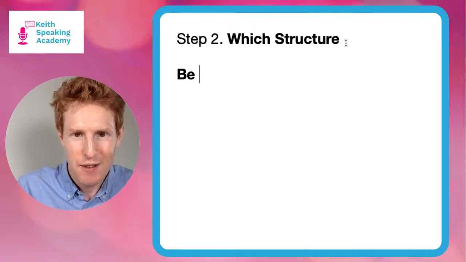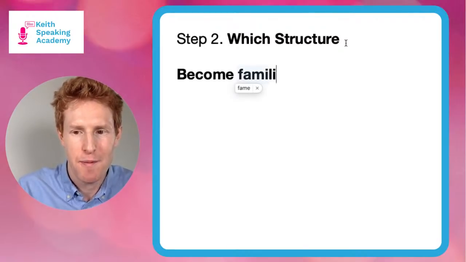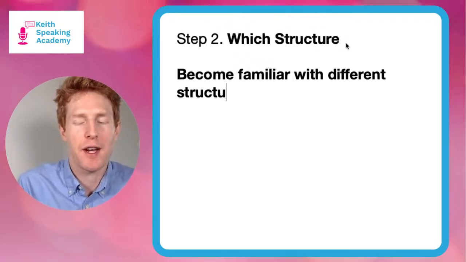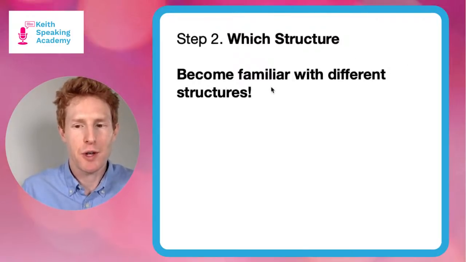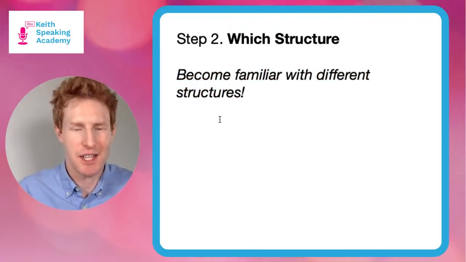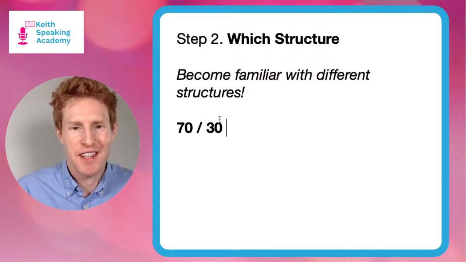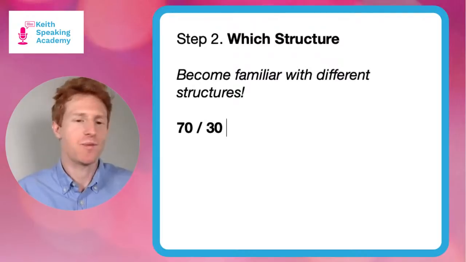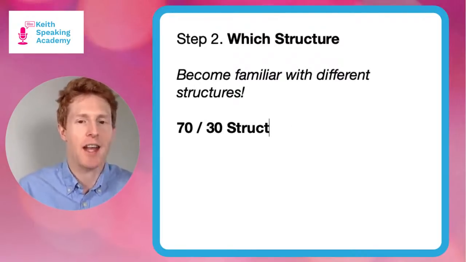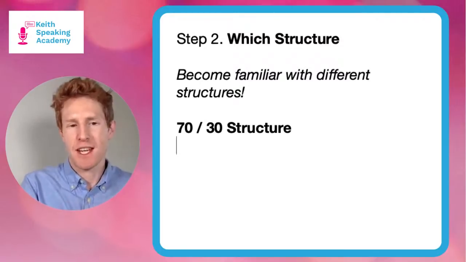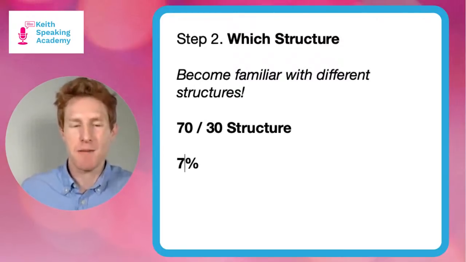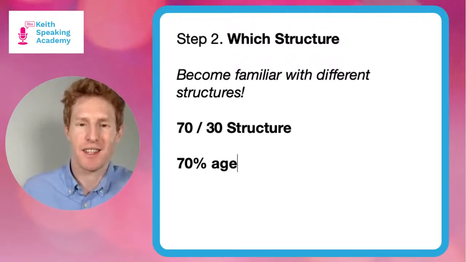So for this particular essay, I would be recommending either a simple structure or what we're going to look at today, which is a 70-30 structure. So the 70-30 structure is a structure you can use with a lot of different essay questions, and it's where you 70% agree with one side and you 30% agree with the other side.